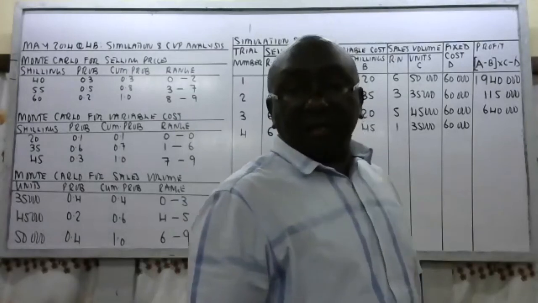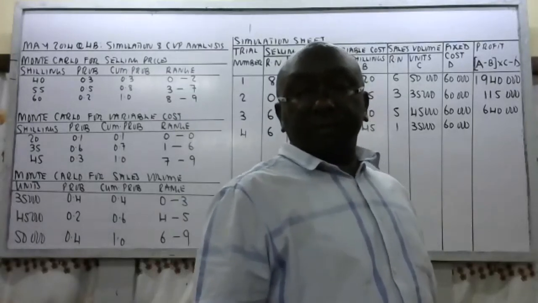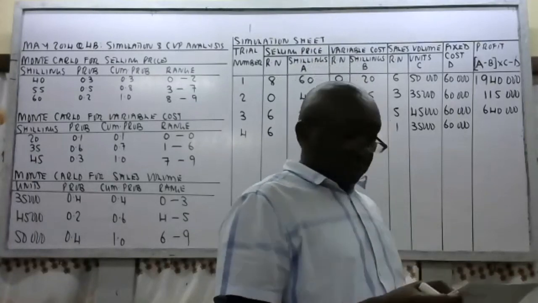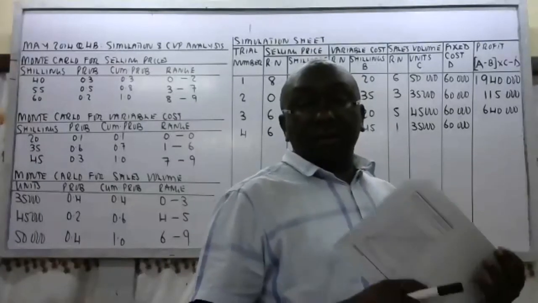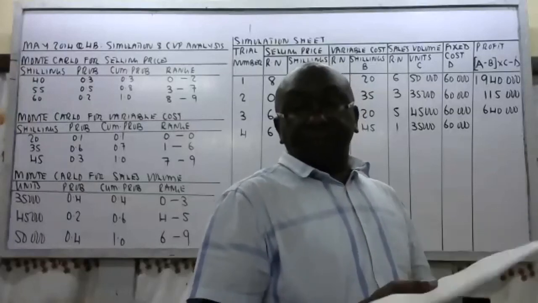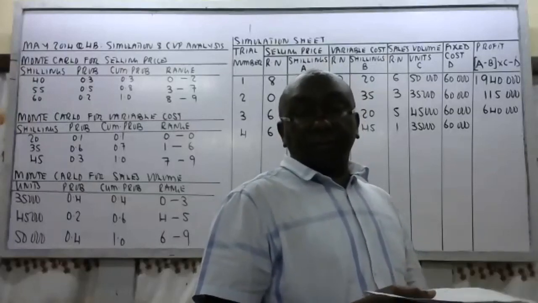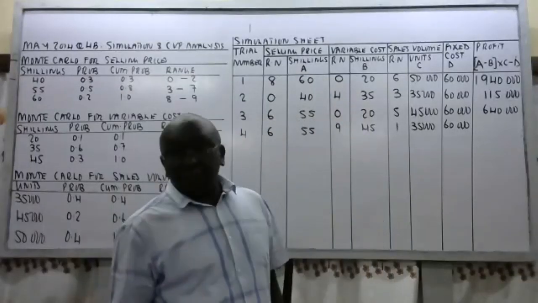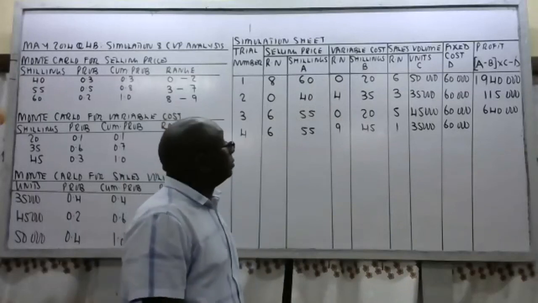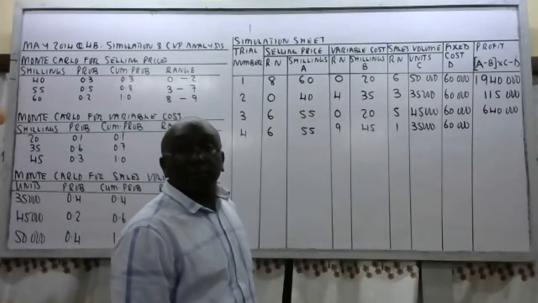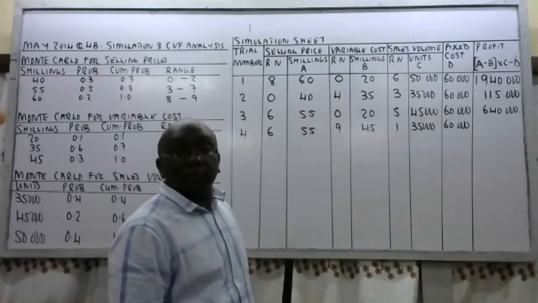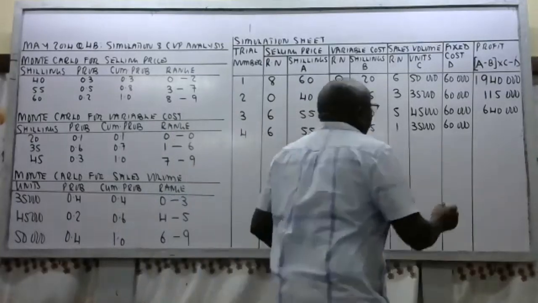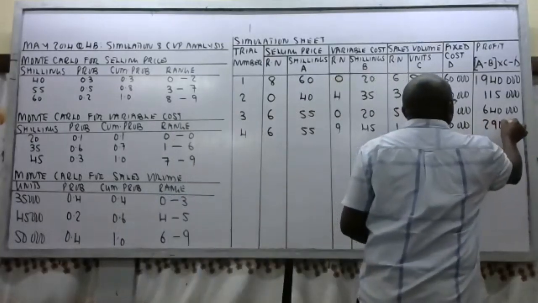Churchill says 290. Someone else to confirm? This should have 2 values. 290,000 from Churchill.